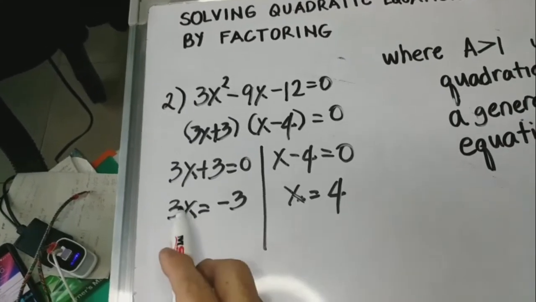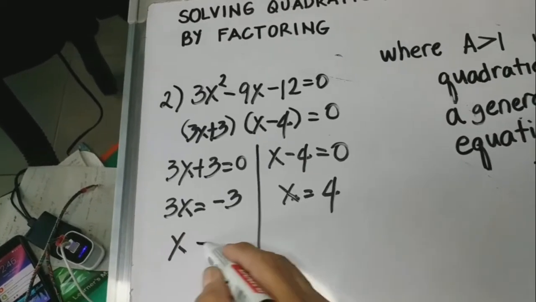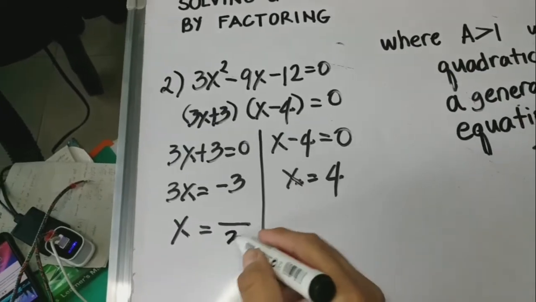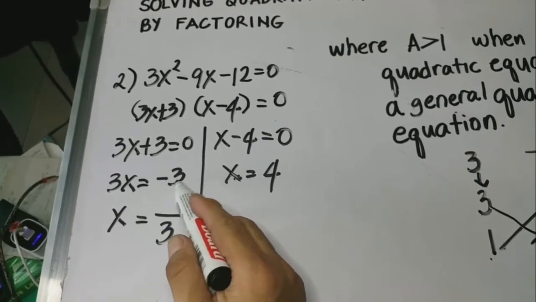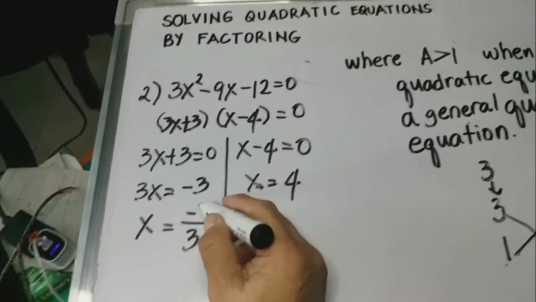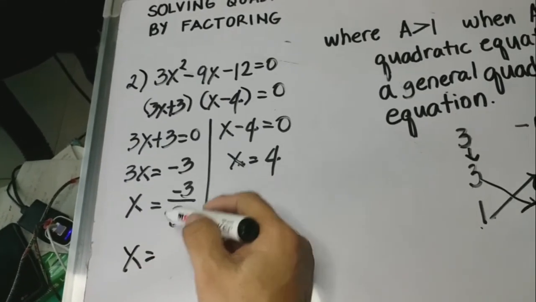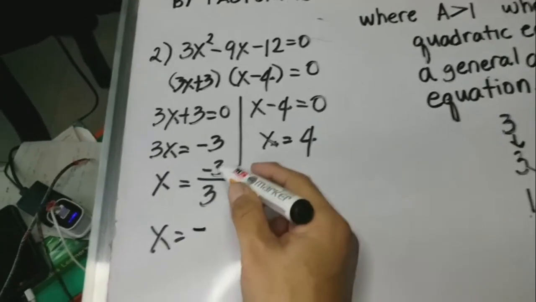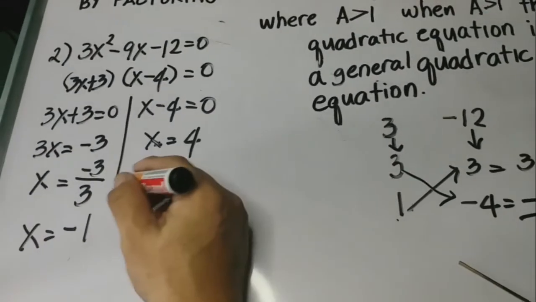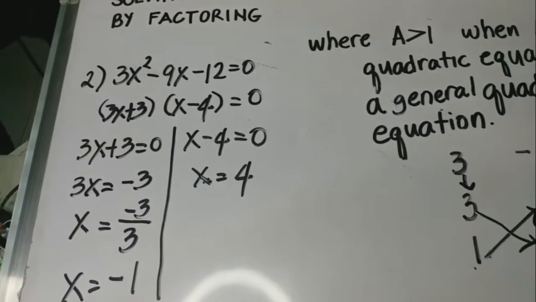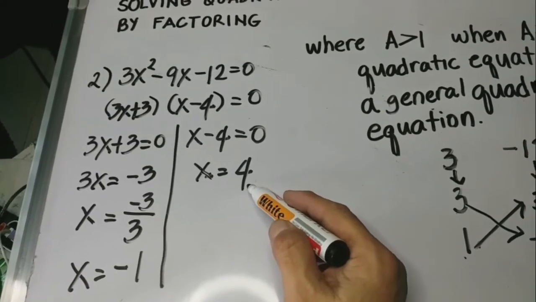Since this is multiplication, when it is transferred to the right side, this becomes the denominator of all the terms at the right side. Since the term at the right side is only negative 3, this is now the numerator. So x now, negative divided by positive is negative, 3 divided by 3 is 1. So we have the roots or the solutions, which are x is negative 1 and x is positive 4.